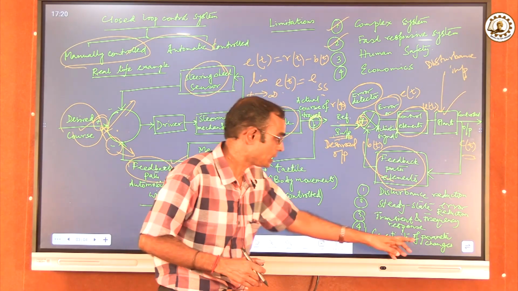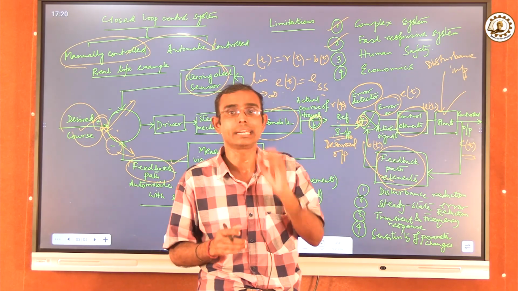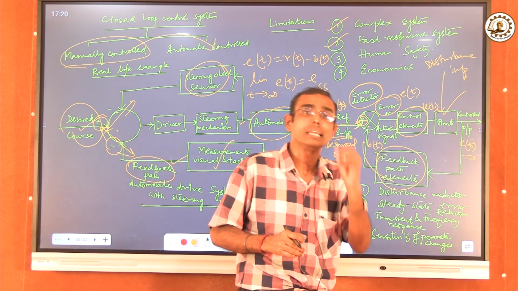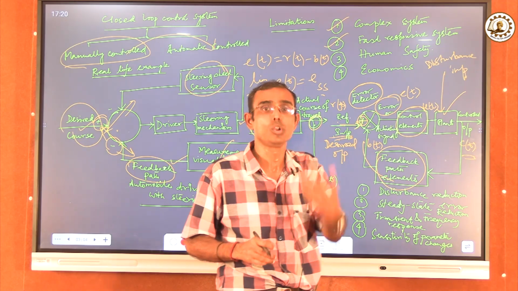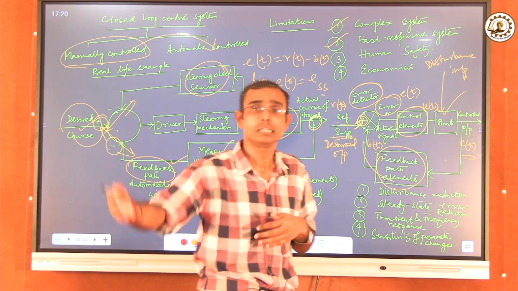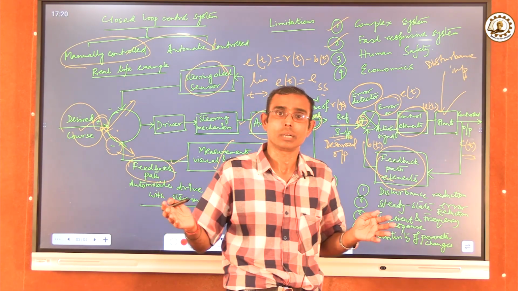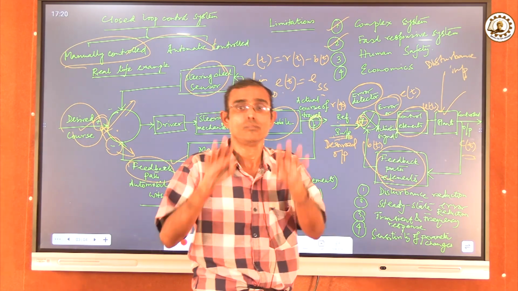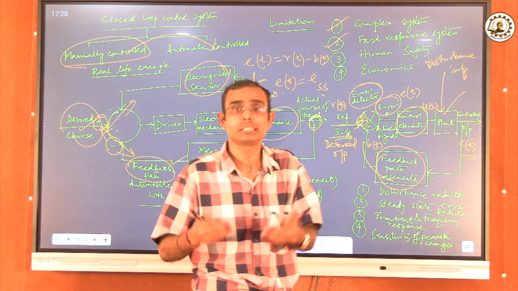And number four is sensitivity to parameter changes. That means whatever design parameters are selected for the working of this closed loop control system, whether or not errors are coming in the design parameters, how sensitive is it to external disturbances, internal disturbances, load disturbances, etc.? How much any particular selected parameter, which is under control, changes is called the sensitivity to parameter changes.